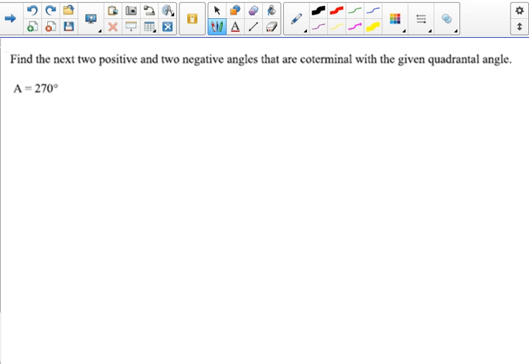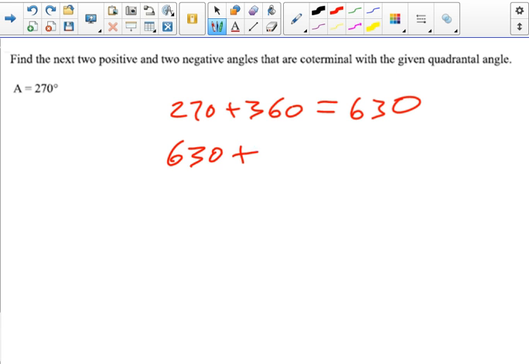Find the next 2 positive and 2 negative angles that are coterminal. So I'm going to take 270 plus 360, and get 630 is the next positive, and then the one after that would be 630 plus another 360, which is 990.